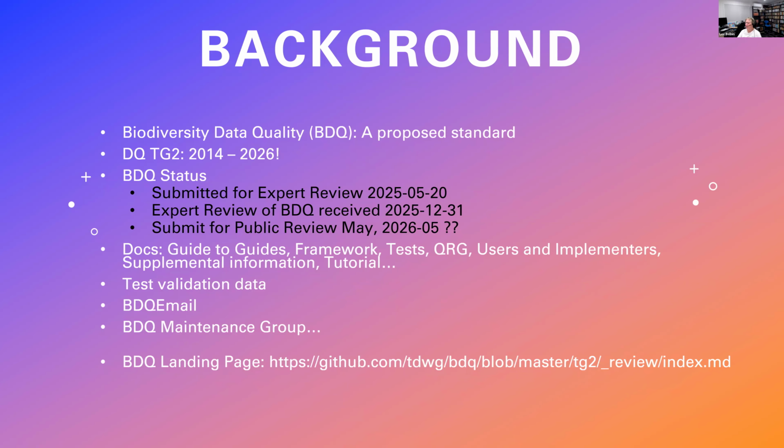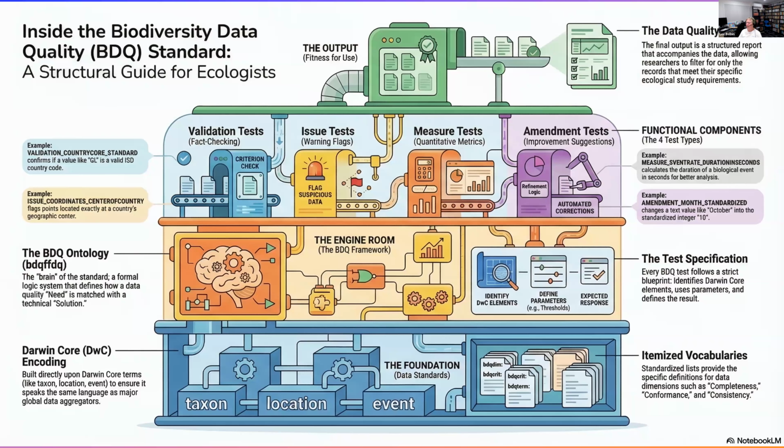So a little bit more about BDQ. This is just a Notebook LM graphic, which at least covers it. It looks like one very complex machine, which BDQ certainly is. But the foundation of it, or at least the components of it, are really pretty simple.